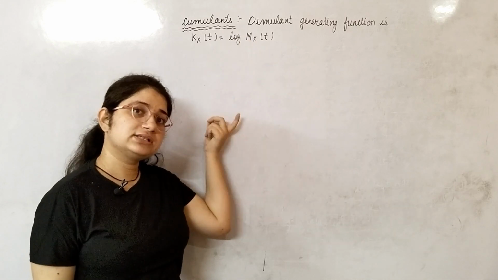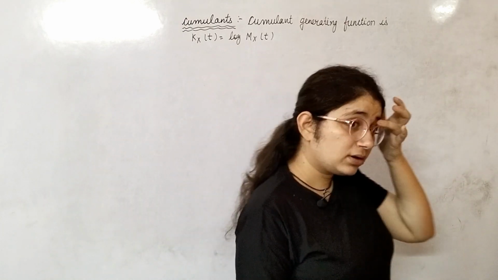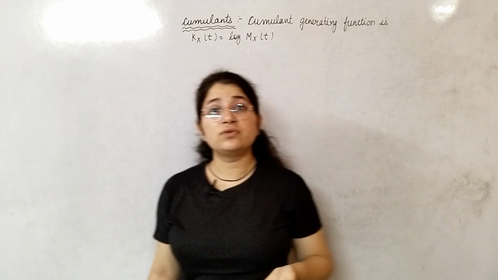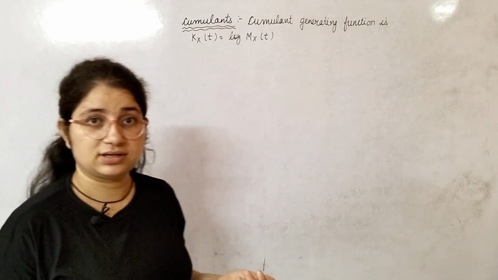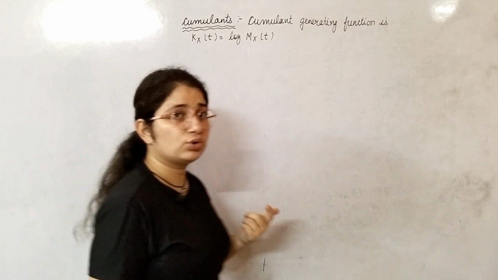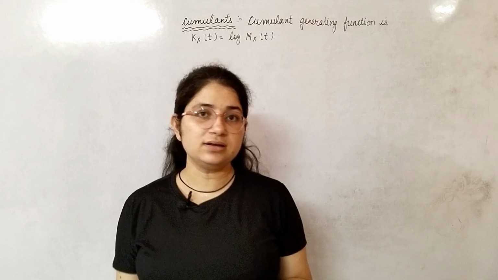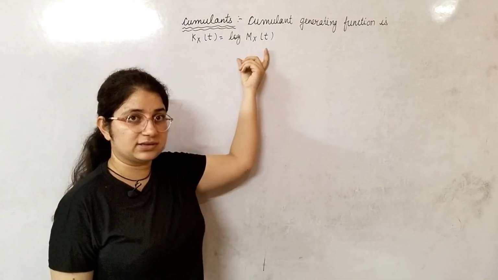Now clearly you can see in which cases the cumulant function doesn't exist. If your MGF is some type of odd function, that is, if its value is negative, then the log function is not defined, and if the function itself is not defined, then how can you use this method?